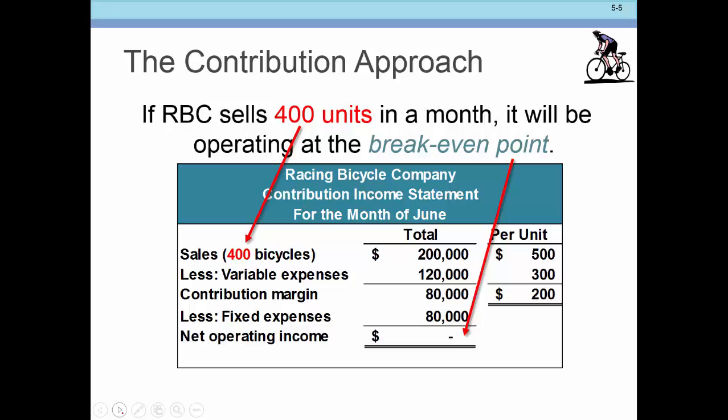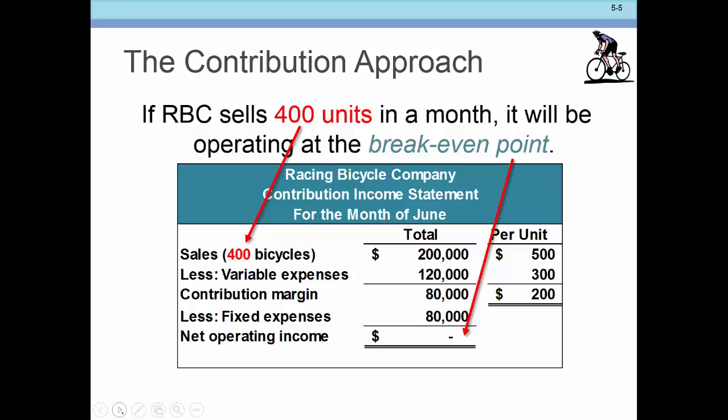That's going to be 400 bikes times $300 variable cost per unit, that's 120,000, isn't it? Right? Which means we have a contribution margin of 80,000. You subtract out the fixed expenses of 80,000. Did we break even? Do you have an operating income of 0?